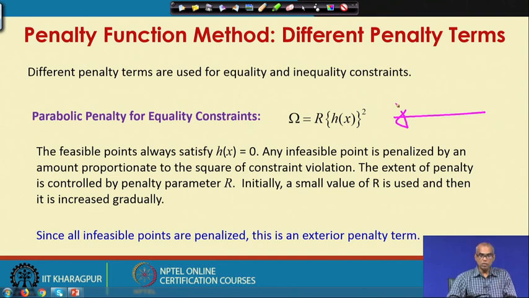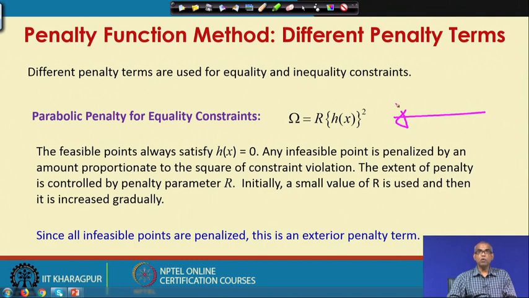The feasible points always satisfy h(x) equal to 0. Any infeasible point is penalized by an amount proportionate to the square of constraint violation. Note that any h(x) that is not equal to 0 is a violation of the constraint. The extent of penalty is controlled by the penalty parameter r.